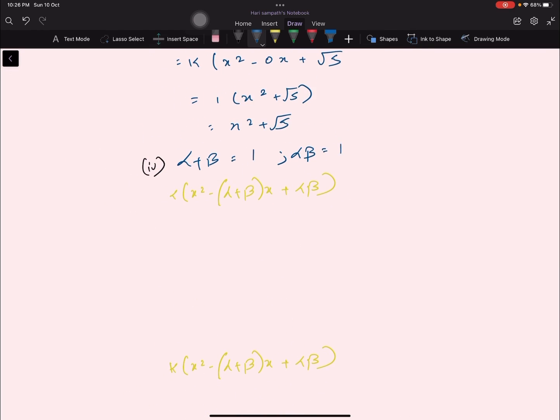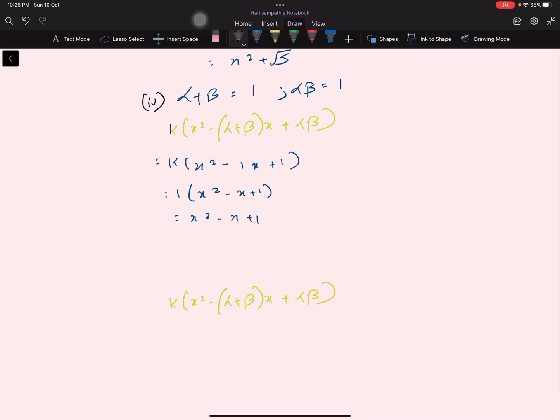So let's substitute it. K x square minus 1 x plus 1. So k will be 1, x square minus x plus 1. X square minus x plus 1 will be the answer. Very simple one, right? We just have to substitute the values in the formula, that's all.